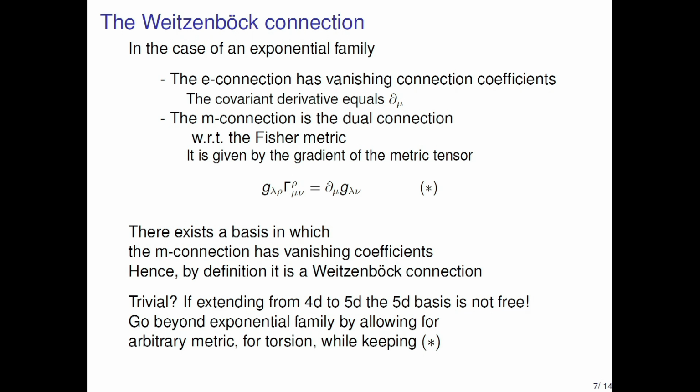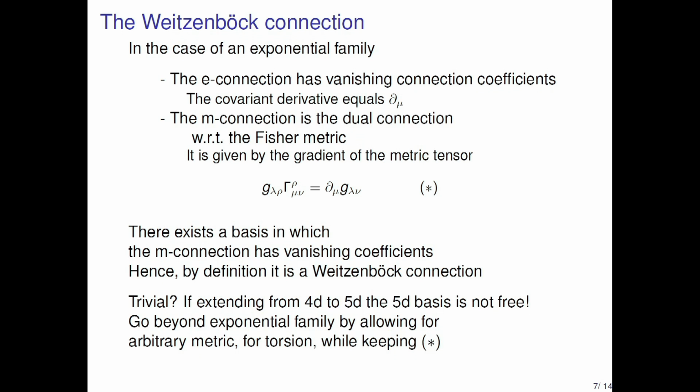But another way to say it is that the connection coefficients, capital gamma, are, up to that extra g factor here, the gradient of the metric tensor. Okay? And you can verify that the M connection of the previous slide satisfies this relation. It's a little bit of work to verify that the third-order cumulant is related to the derivative of the second-order cumulant. Okay?